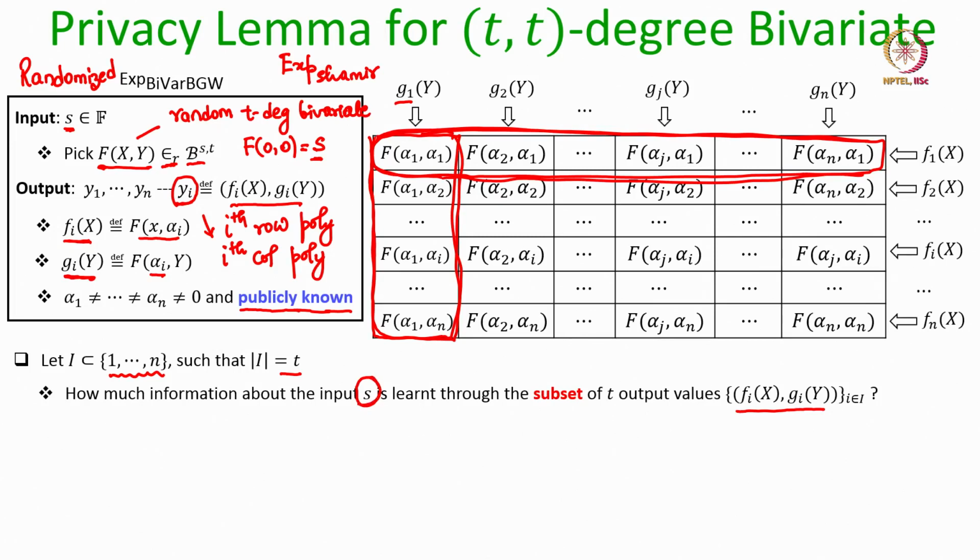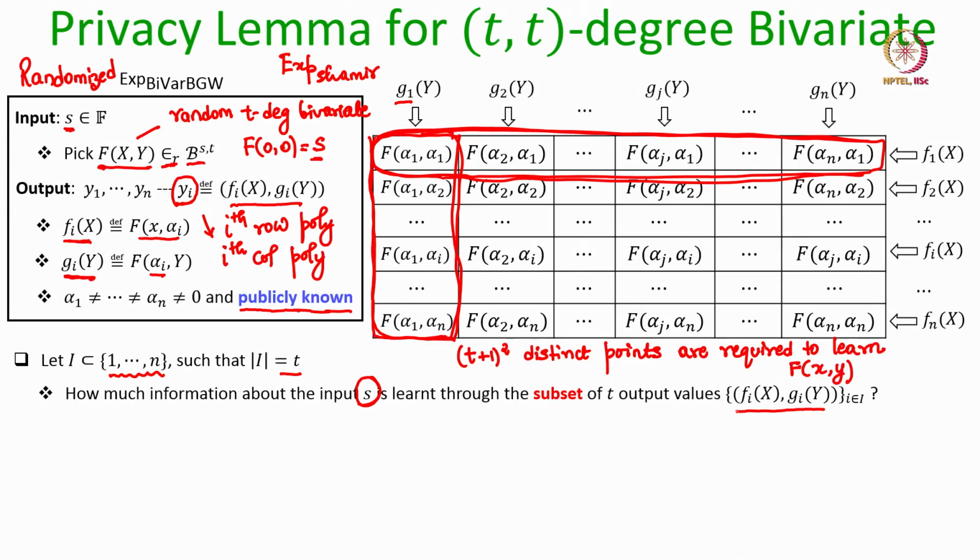Intuitively, the answer is that we learn nothing about the input s. This is because the degree of the bivariate polynomial f of x y in each variable is t. So, t plus 1 square distinct points are required to learn the bivariate polynomial selected in the experiment.